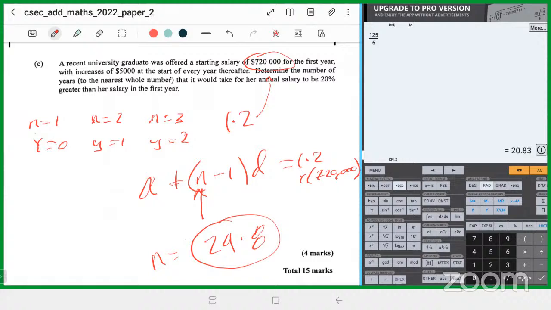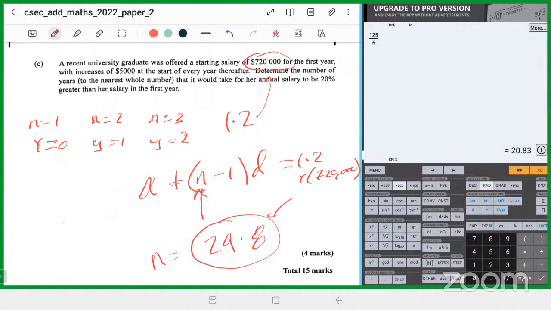So the year is always tracking 1 behind the term number. You get what I'm saying? The number of years is always 1 behind the term number, because the first term, where N equals 1 in the series, corresponds to when you just start. You're not past yet. So the year is 0. So when you get a figure like this, I put it at 30.